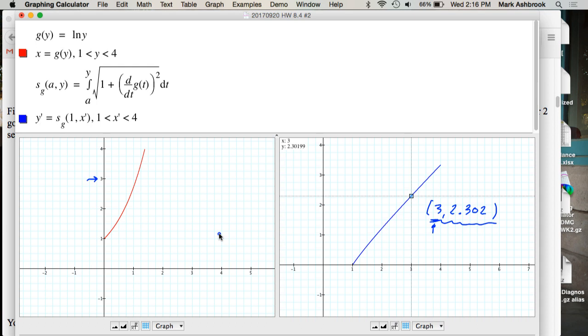2.302. What does that mean? Okay, from where to where? So where should I start? Where should I start to draw this arc length? Here? Okay, and then to show the 2.302, it would be what?